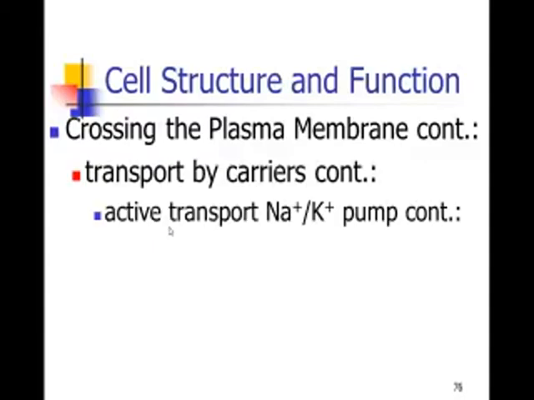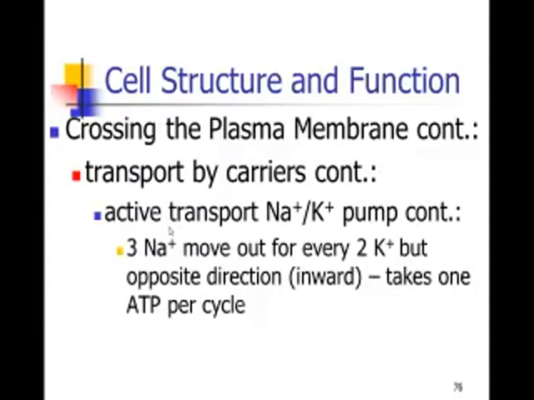The sodium gets pumped out of the cell, and the potassium gets pumped into the cell. But it's a little bit asymmetrical. So it's better at moving sodium than it is at moving potassium. About 3 sodium ions move for every 2 potassium ions that get pumped in. And it takes 1 ATP molecule for each cycle of moving a sodium out and a potassium in.